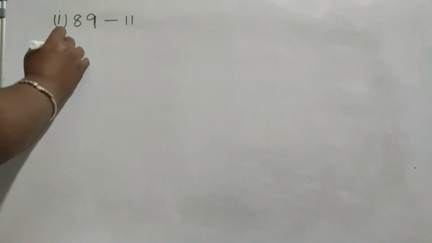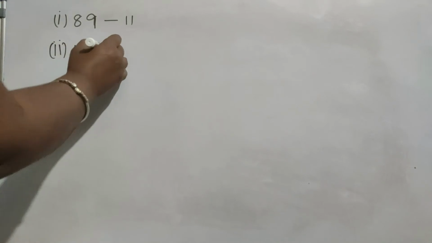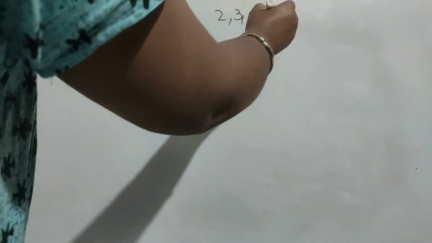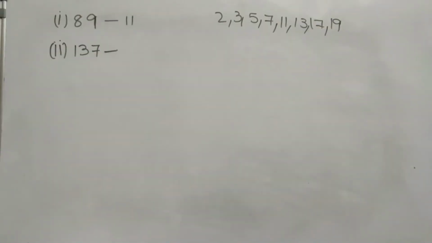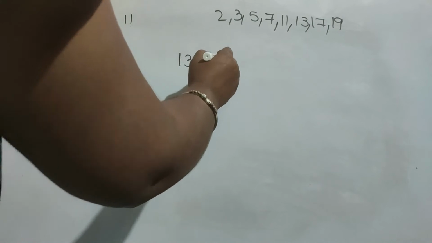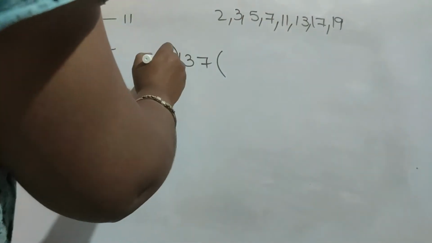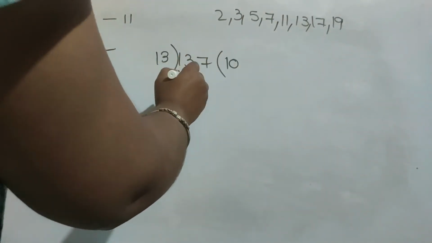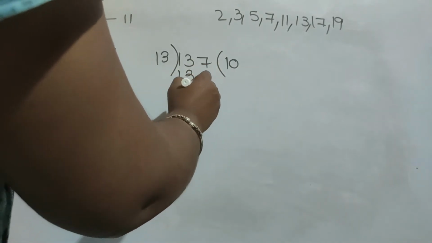The second question is 137. We have 2, 3, 5, 7, 11, 13, 17, 19, which are the prime numbers below 20. For 137, if I divide by 13, 13 tens are 130, and 7 is the remainder.